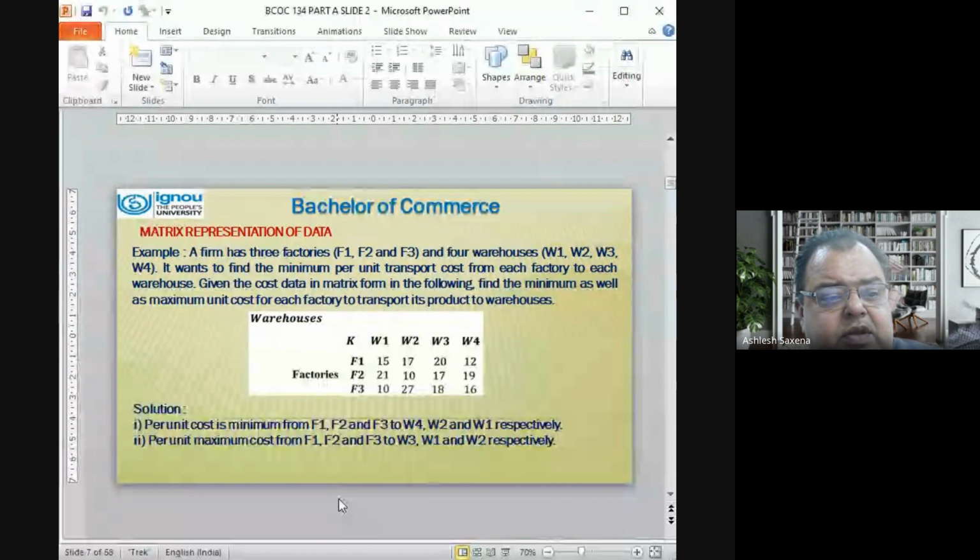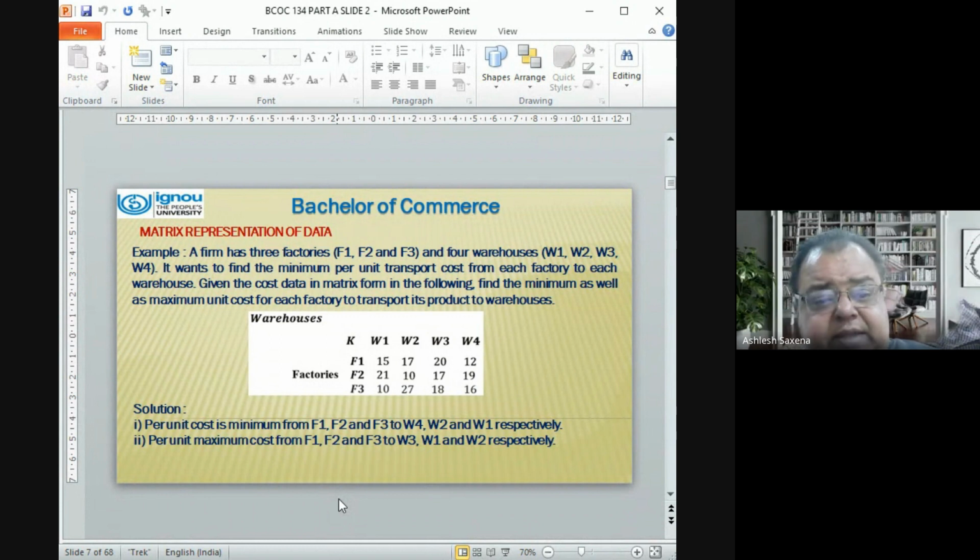this is basically what we are supposed to find. We have to find the per unit cost is minimum for F1, F2, F3 to W4, W2, W4. Straight away we can see from the data what is given to us. And the second part says the per unit maximum cost, F1, F2, and F3 to W3 and W1 and W2.